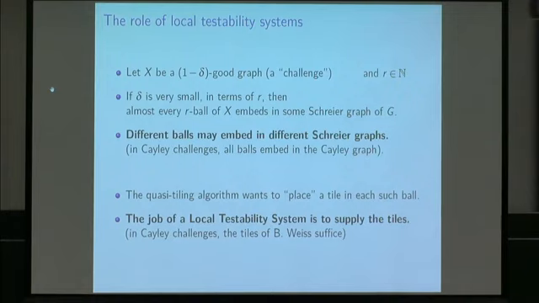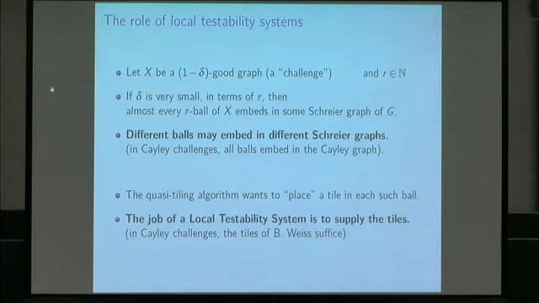It's even possible, when I have only 1 minus delta good graphs, not real good graphs but almost good graphs, that something that locally looks like one Schreier graph gradually merges into something that looks like another Schreier graph. The structure here is much more wild.